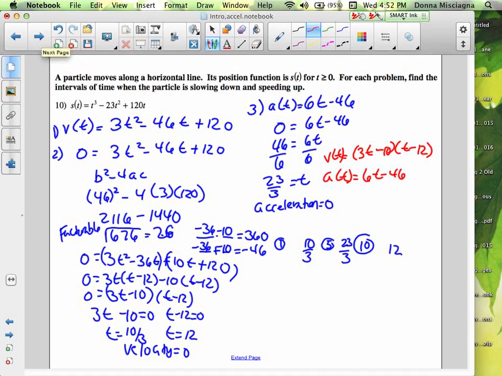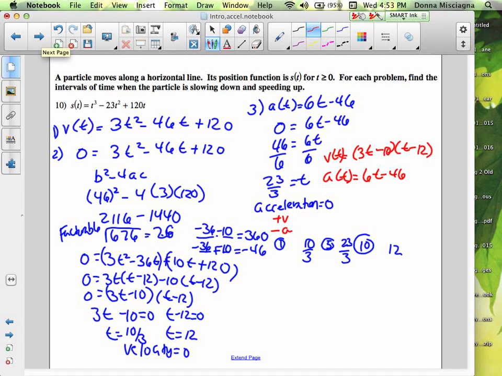All right, so at t equals 1, if I plug in 1, 3 minus 10, that's negative. 1 minus 12, that's negative. So this would be positive. And then if I plug in 1 into acceleration, that would be negative. I'd have 6 minus 46. So the velocity is positive, but the acceleration is negative.